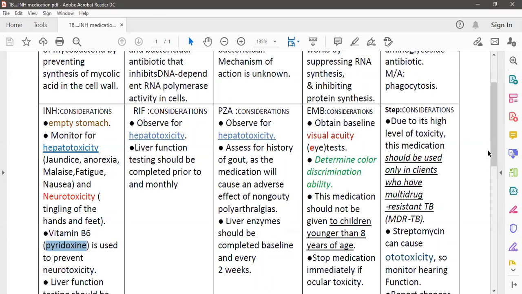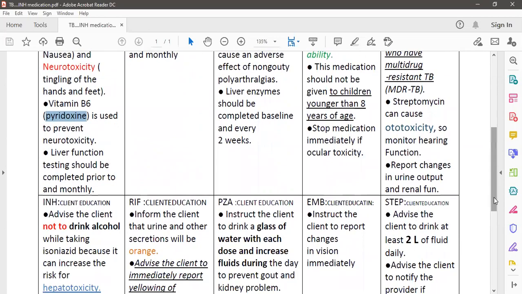It is also important to know that the liver function test should be completed before starting the medication, to see whether the liver is working well or not.